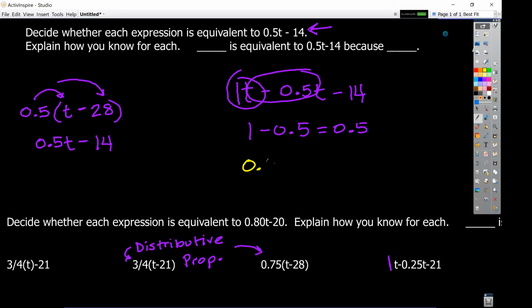You guys may be thinking this looks like Khan Academy, doesn't it? So when you combine those two terms, 1t minus 0.5t, you're left with 0.5t minus 14.